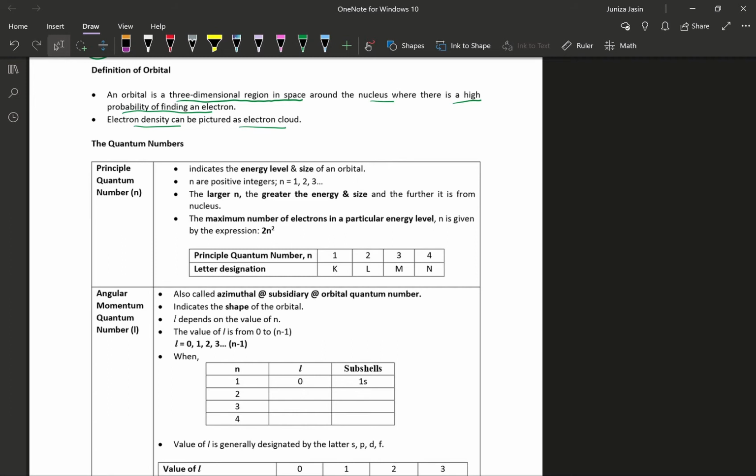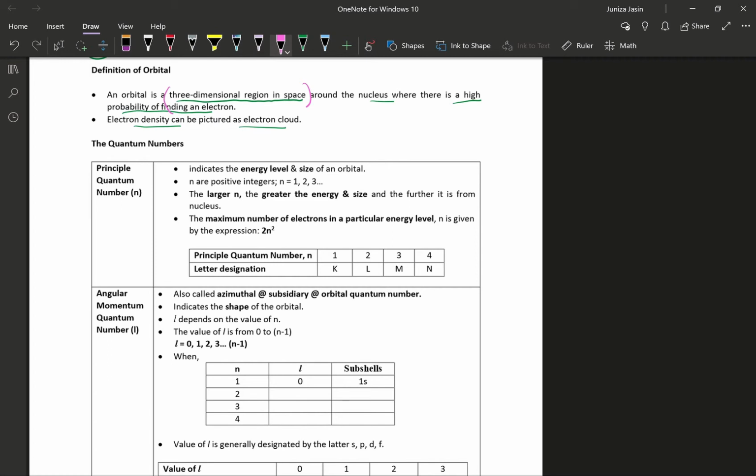Okay, apa beza orbit dan orbital? Orbit lah macam orbit planet tu kan. Okay, planet orbit apa tu? Matahari tu. Okay, and then for orbital adalah 3D region in space around the nucleus where there is high probability of finding electron.